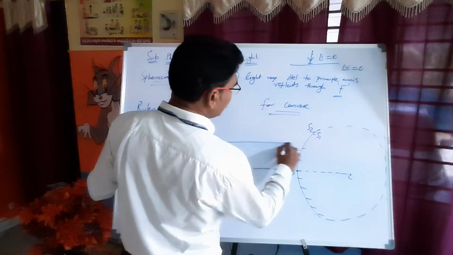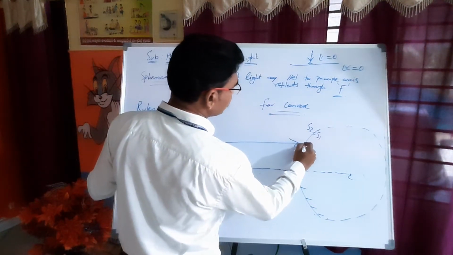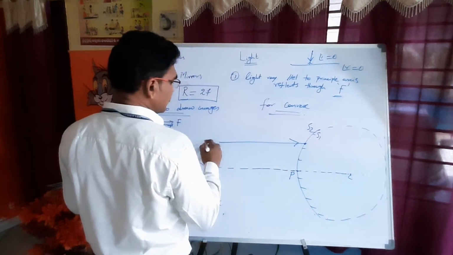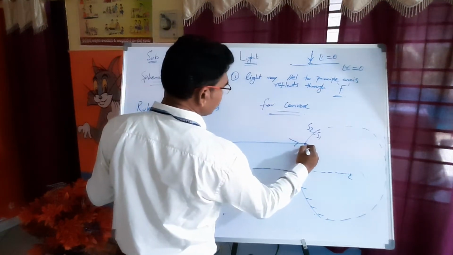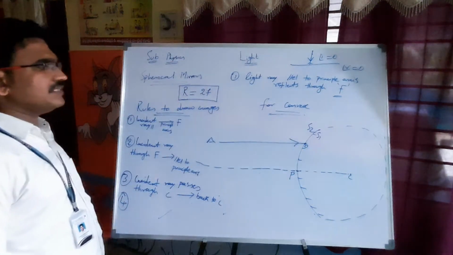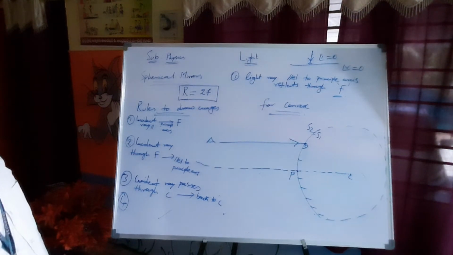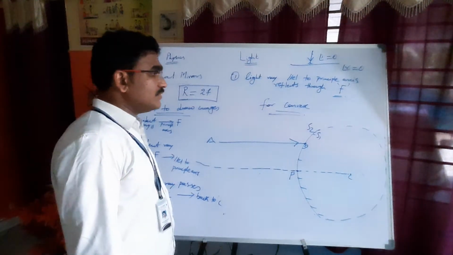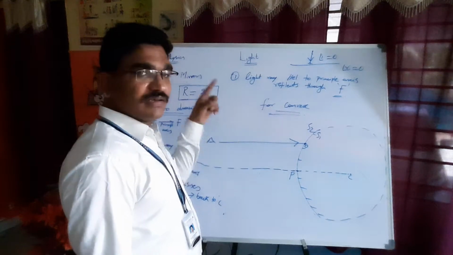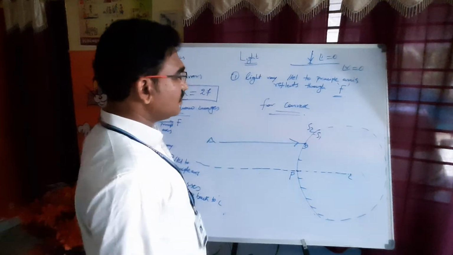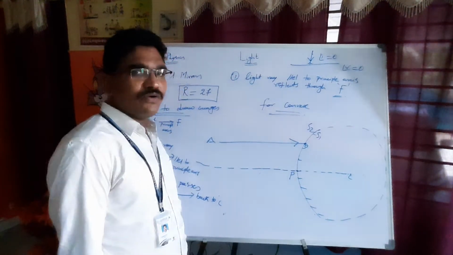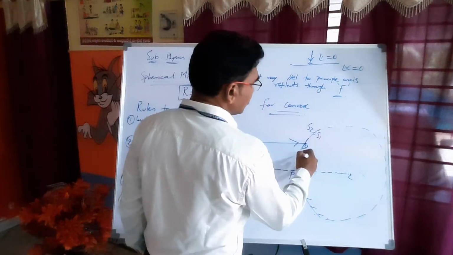For example, a light ray is incident. This is the point of incidence. Let us take AO, where O is the point of incidence. AO is the incident ray. Then you have to draw the reflected ray. As we already know, at this point I will draw a tangent.